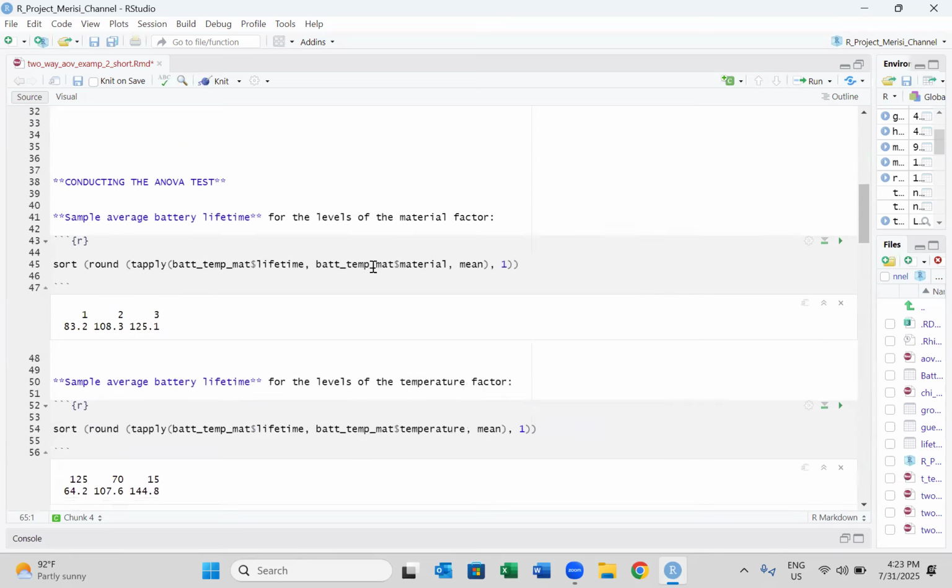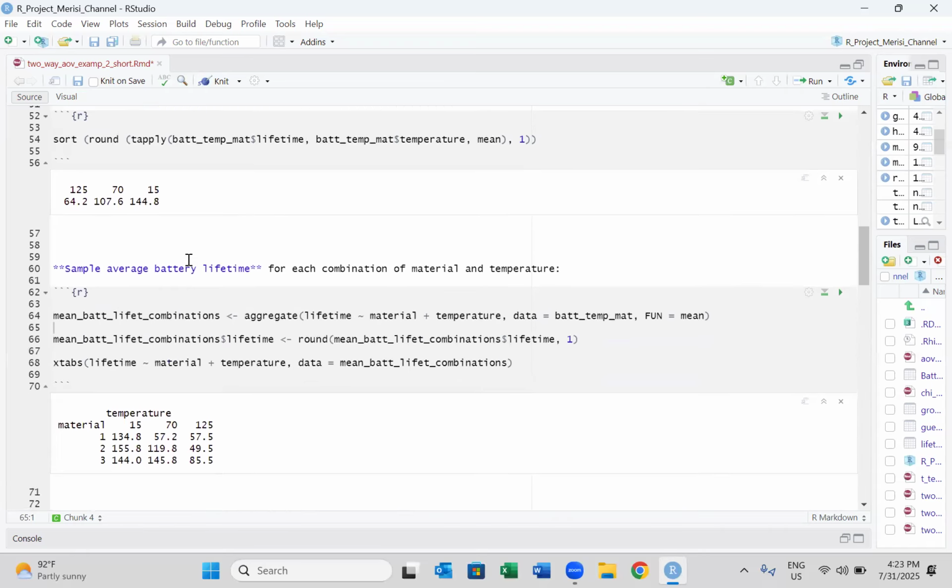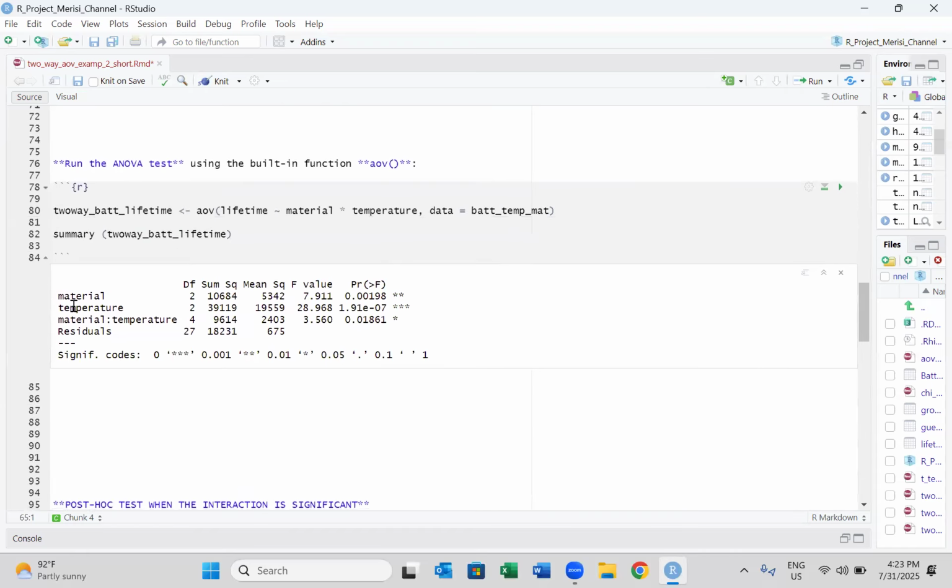What that means is that at least two of these values, the sample average battery lifetimes for the materials, are statistically different. We repeat the same thing for temperature. We look at the p-value for temperature, which is 1.91 times 10 to the negative 7, in scientific notation.